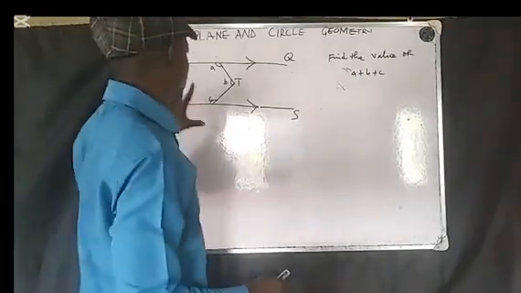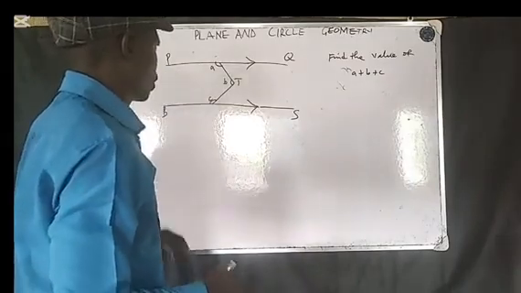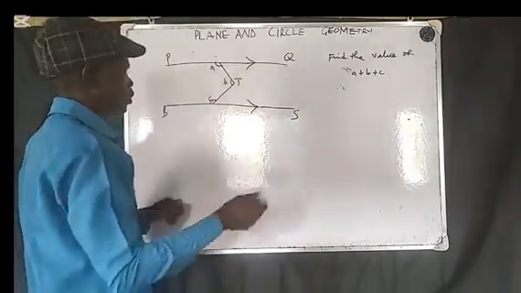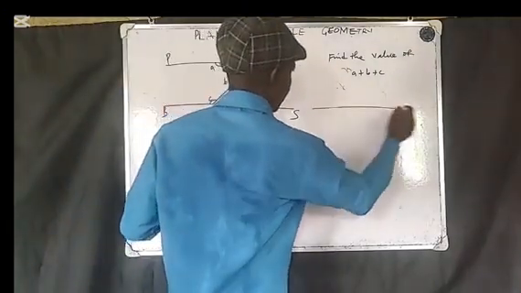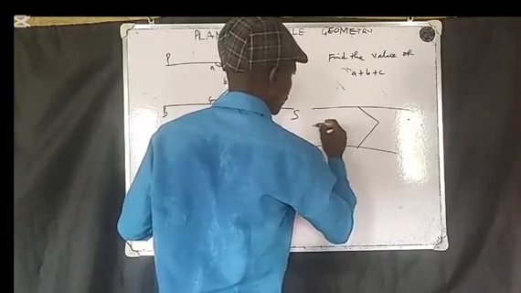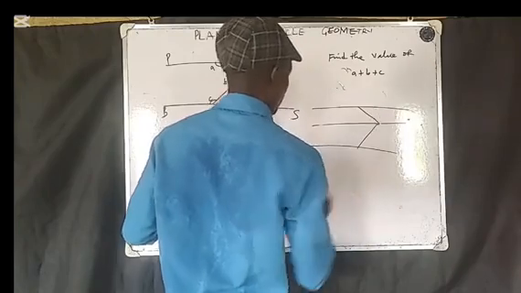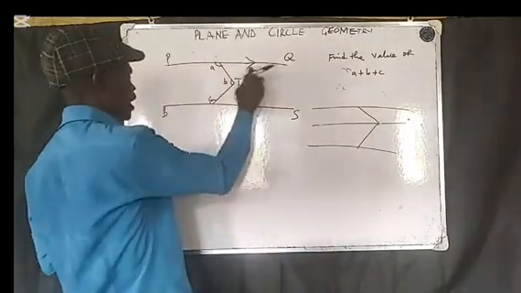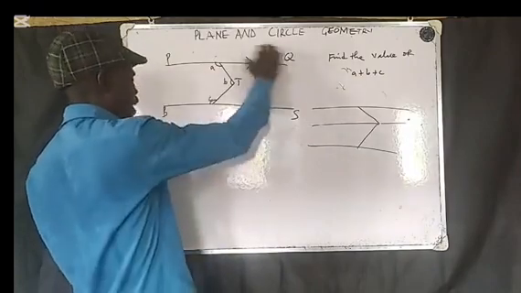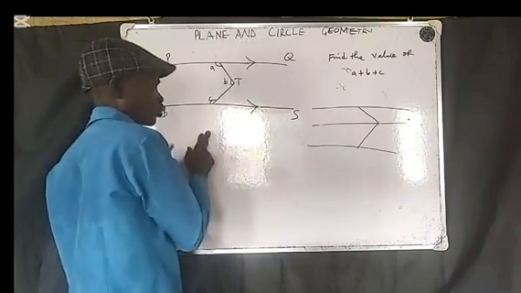We have this question on the board. We are told to find the value of A, B, C. Let's do a construction like this. We make sure that these two parallel lines have a single line that joins them together.